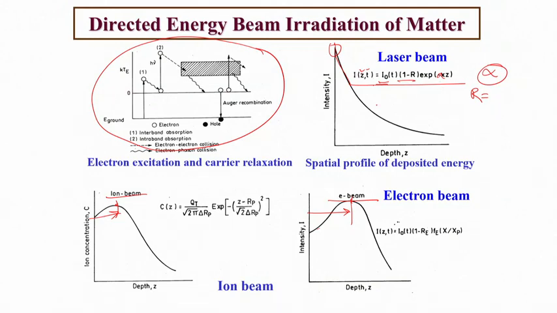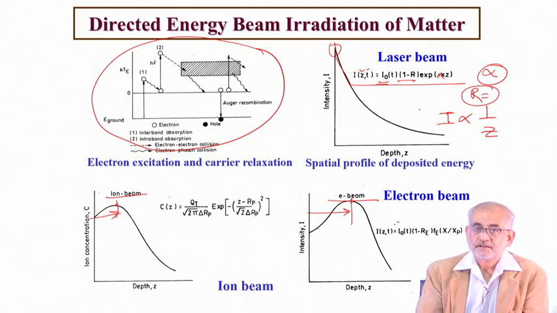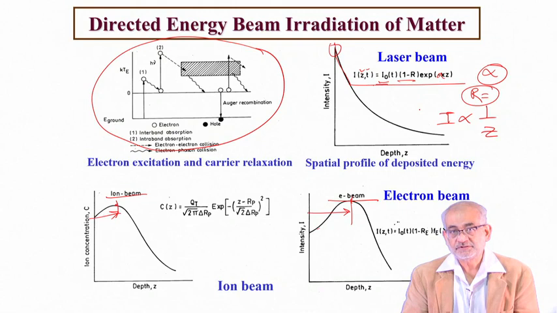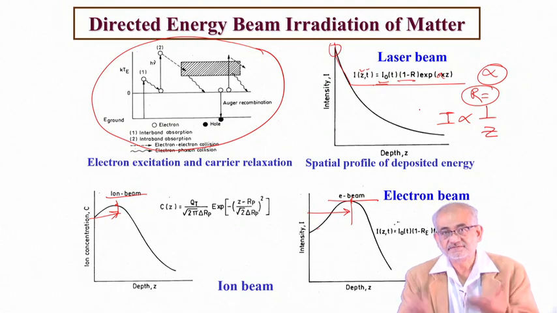Nevertheless, what it means is that intensity decreases with Z, with the distance or depth from the surface. So one would like to play with reflectivity. One can use certain films or coatings or make the surface rougher so that the coupling efficiency increases. So reflectivity is simply, if there are 100 radiations incident at a given point of time in a given area, how much of it is actually able to interact and couple, and how much of it is getting reflected back.